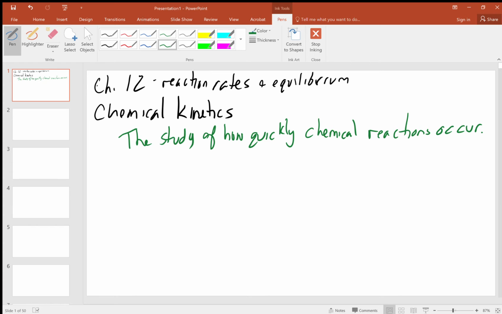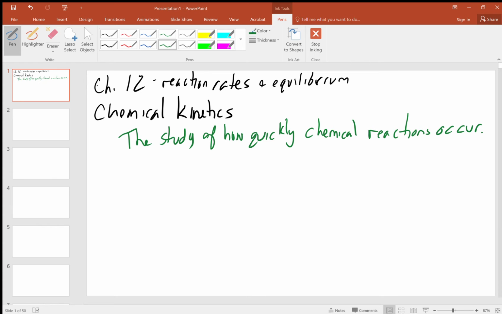And we saw an example of that previously when we discussed the idea of activation energy. Activation energy is the minimum amount of energy needed for a reaction to occur. Well, in addition to all of those things we talked about previously, none of those talk about how quickly a reaction occurs.